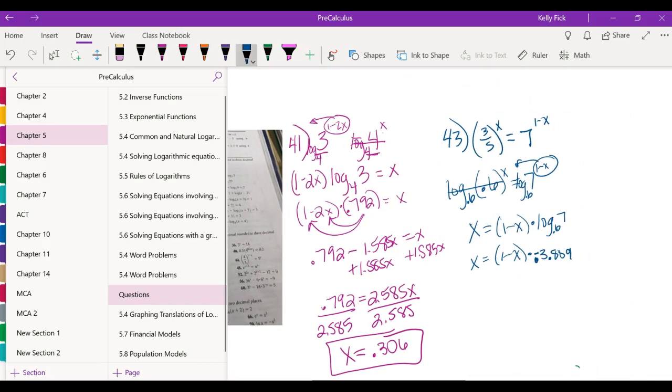Alright, so then again, this distributes to both of these. So we have x equals negative 3.809 plus, because this was negative, this is negative 3.809x. So you're going to subtract this from each side.